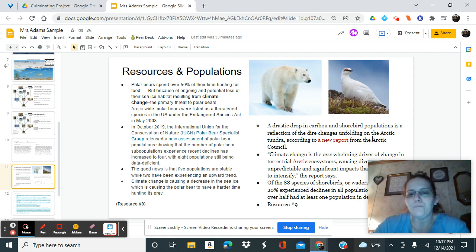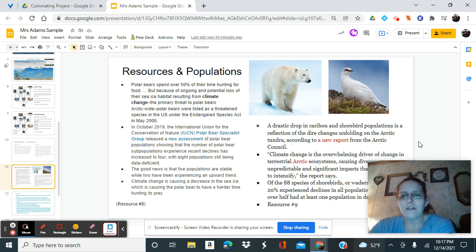I found out that because of the warmer temperatures in the Arctic, the caribou and the shorebirds are getting sick because they're not used to the temperature change, and there are more diseases and infestations, and there are more germs in the area, and they're getting sick from some of the things that normally wouldn't survive in that area because of the cold weather.